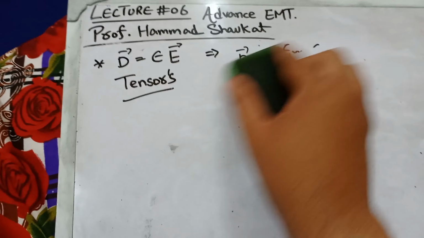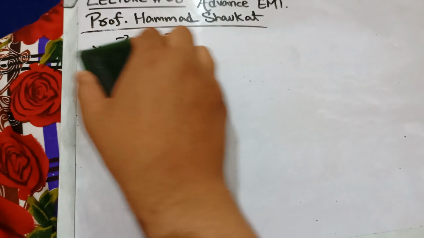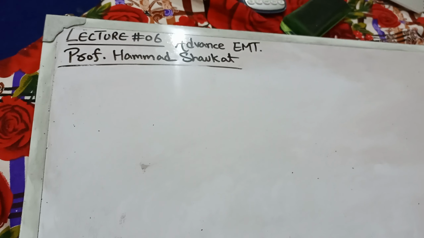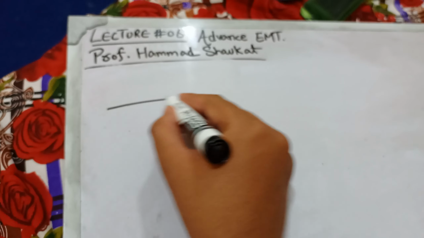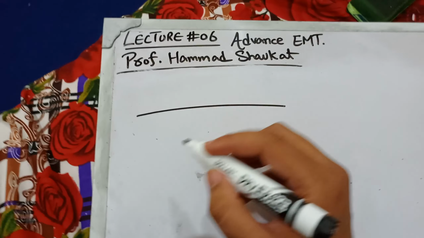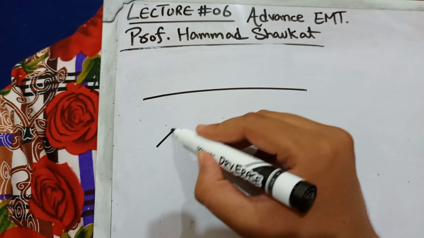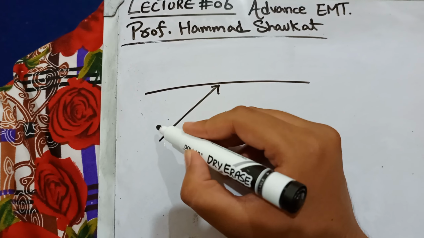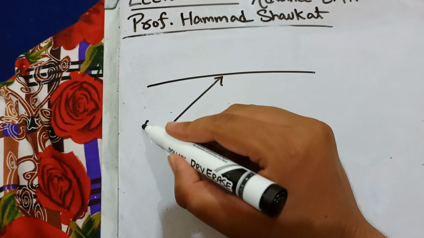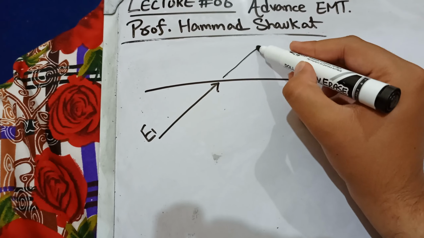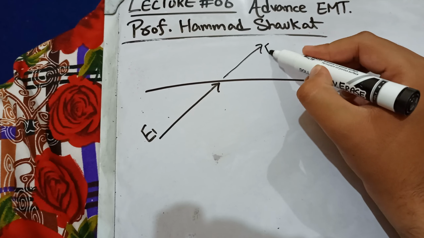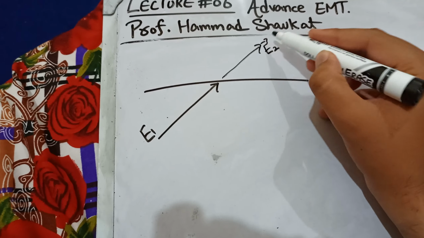Let's move towards the last topic of this lecture, number 6, and that topic is very important. Suppose there is a medium and an electric field is coming in, basically E1, and the electric field is going out, basically E2.